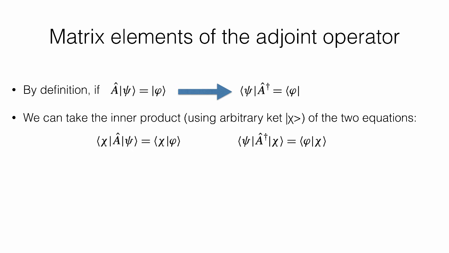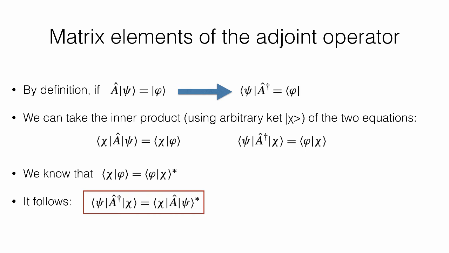So we can take the inner product on the left with an arbitrary ket psi, for instance, and we end up, for both cases, with the ket psi on the right for one equation, and the bra chi for the other case, and we obtain those two equations again. And of course, we know that the probability amplitude chi phi is actually equal to the complex conjugate of phi chi. Okay, that's something we know. We have already established this in probably lecture number 1.